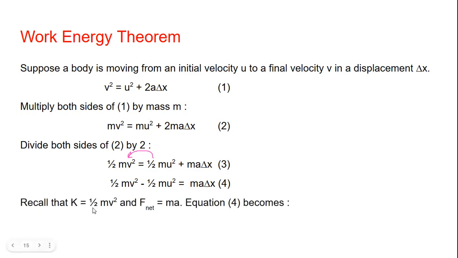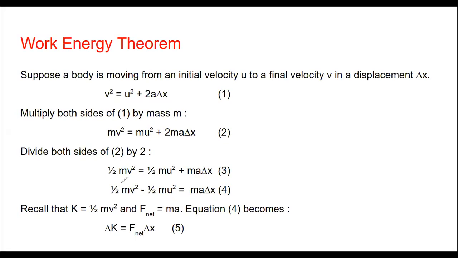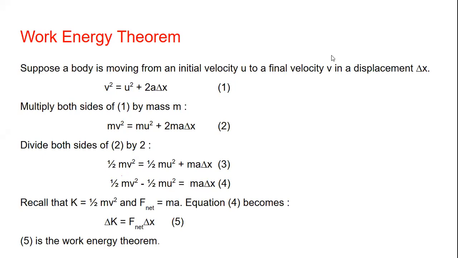One is K is equal to half mv squared, and the other is Newton's second law, which is F net equals ma. If you plug in those definitions, your equation 4 will become equation 5, which is the equation for the work energy theorem. Okay, so 5 is the work energy theorem.